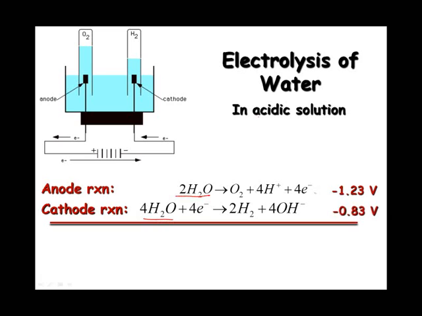So it tells you exactly what they are, and it tells you what the voltages are. So if you sum up what's here, you will see that this is the overall reaction, breaks into hydrogen and oxygen, and that you have a negative potential, a negative voltage, which is what you would expect in an electrolytic process. It requires energy to make this happen.